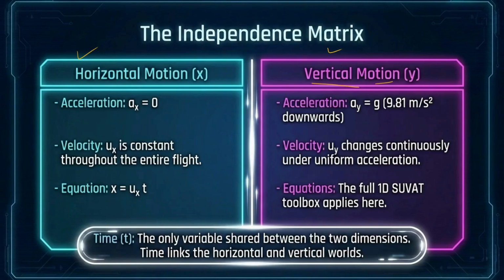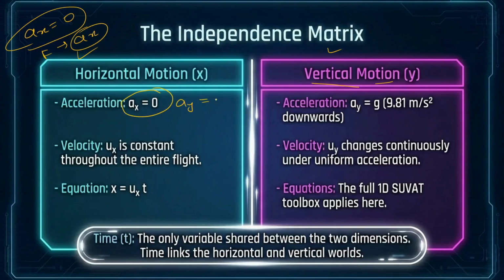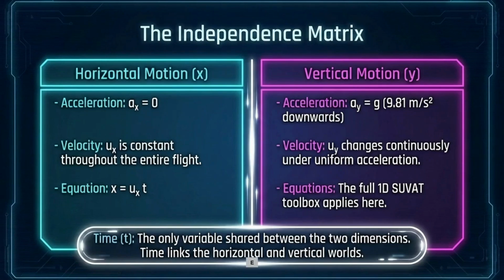That means we don't have acceleration over here, because force is the cause of acceleration. That means ax is 0, not ay. We don't know that yet; we will see.